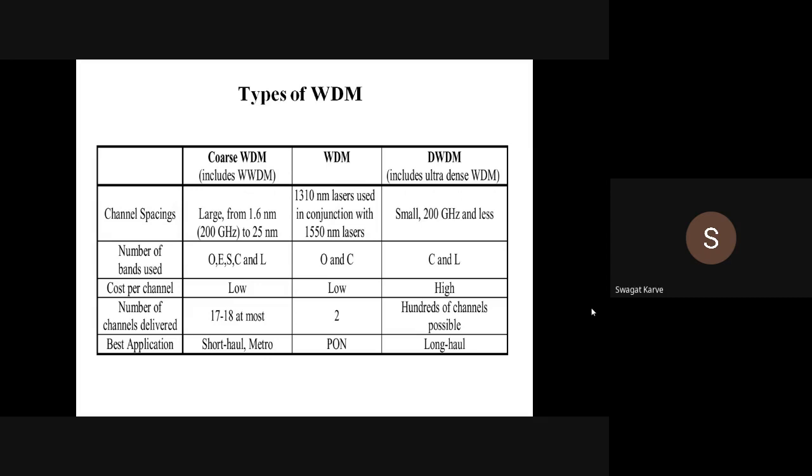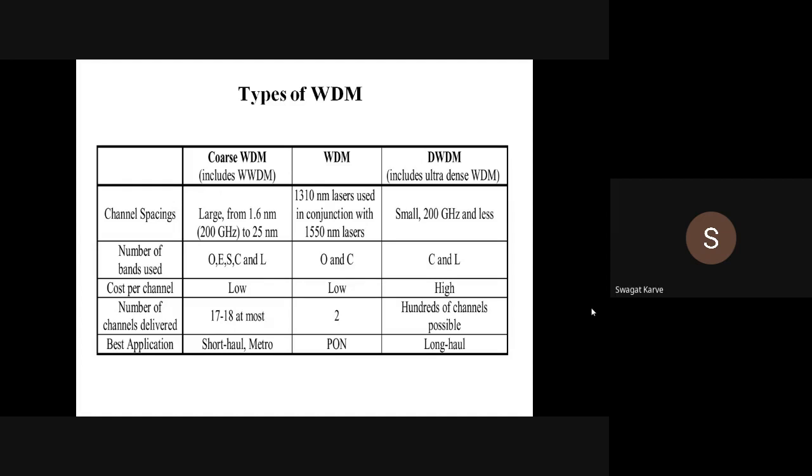For WDM, if you use a 1310 nanometer laser in conjunction with a 1500 nanometer laser, the channel spacing is the same as CWDM. And for DWDM, it is very small.